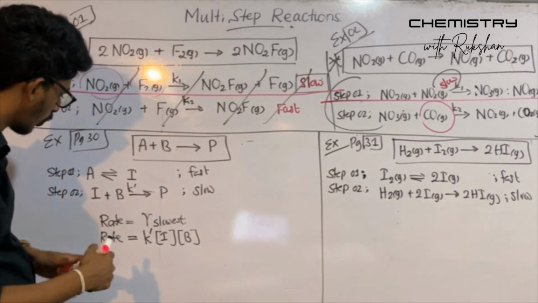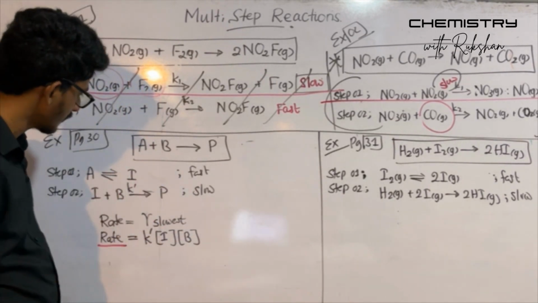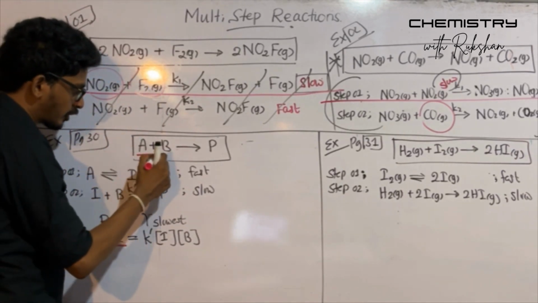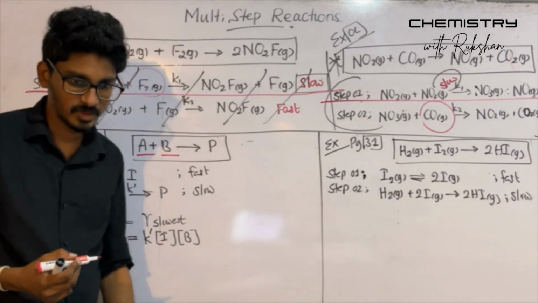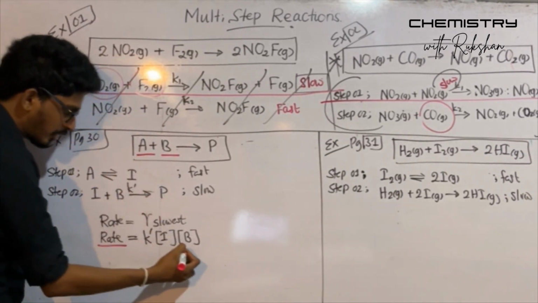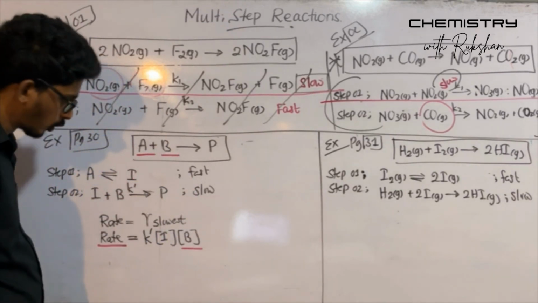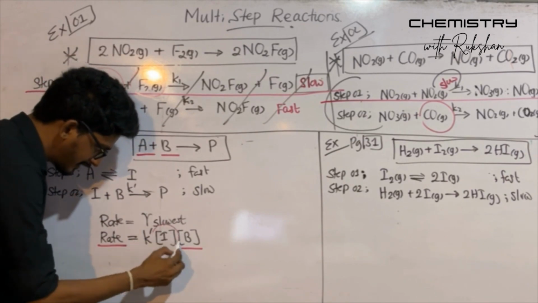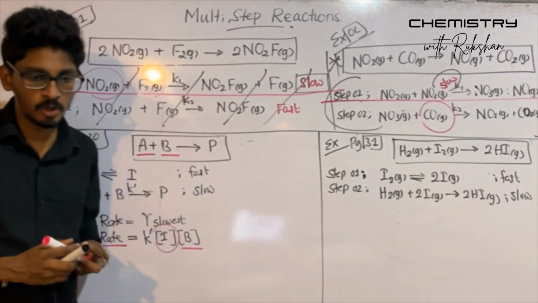For the rate law of the overall reaction, the reactants of the overall reaction should appear, not any other. So B is a reactant of the overall reaction, but not the ideal one. Some intermediate is appearing here. That is not good.